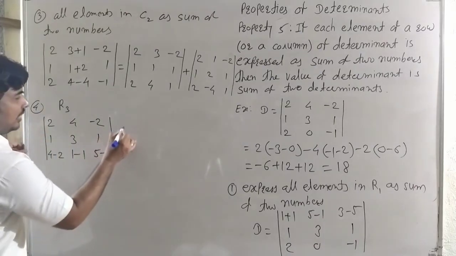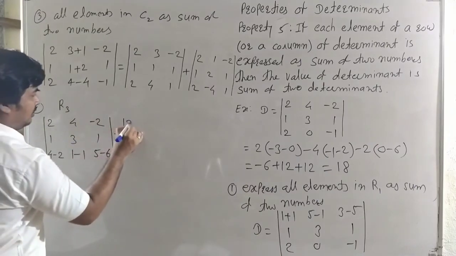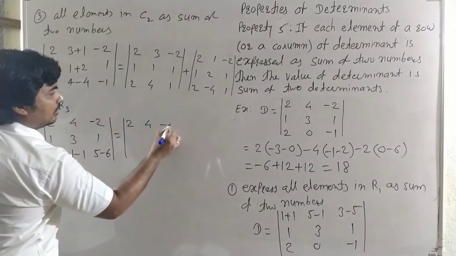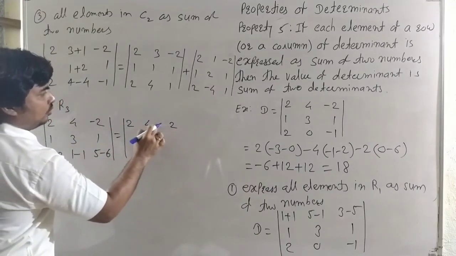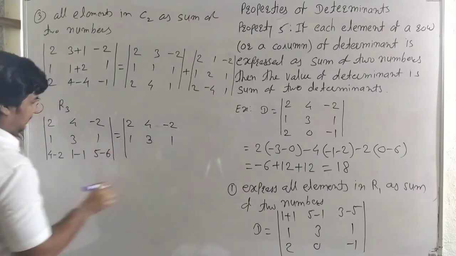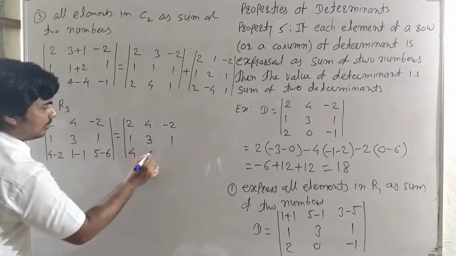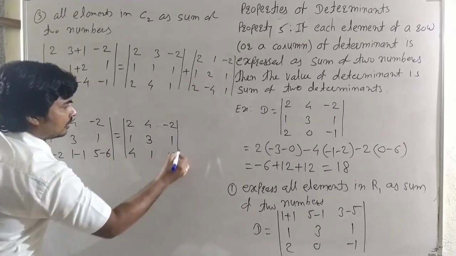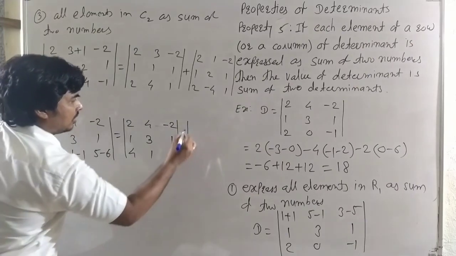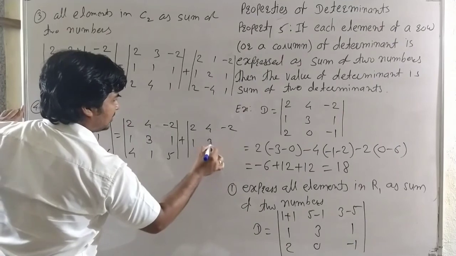Okay, then we get here the two determinants. Here the first row as it is, 2, 4, minus 2. Second row as it is, 1, 3, 1, and third row it is 4, 1, 5, plus first row as it is, second row as it is.